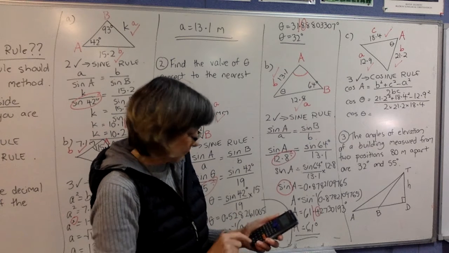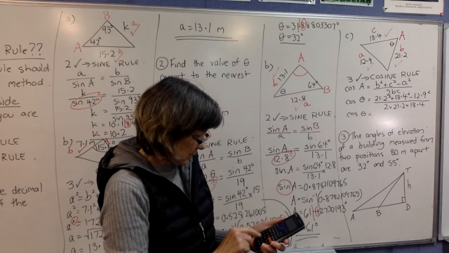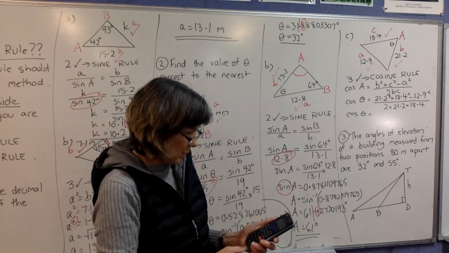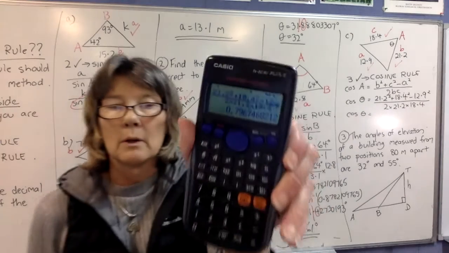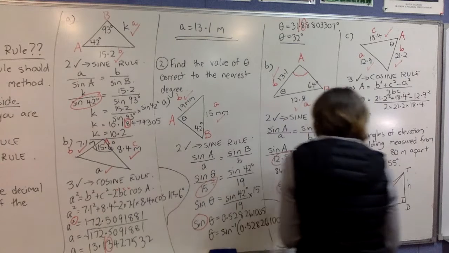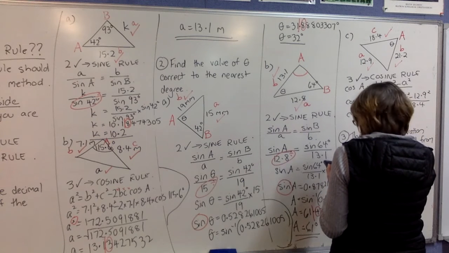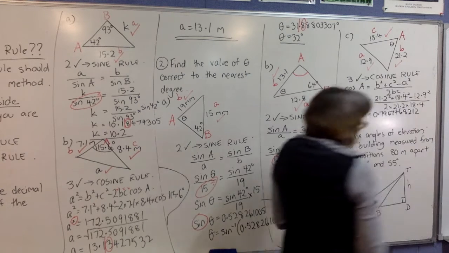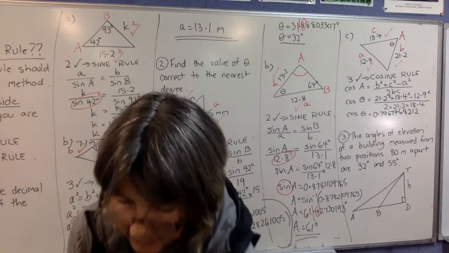Down arrow, 2 times 21.2 times 18.4 equals, write down your answer, don't clear your calculator, keep it there.